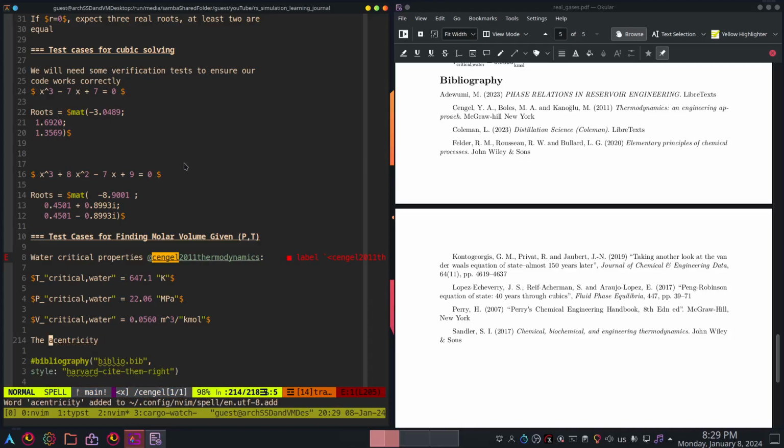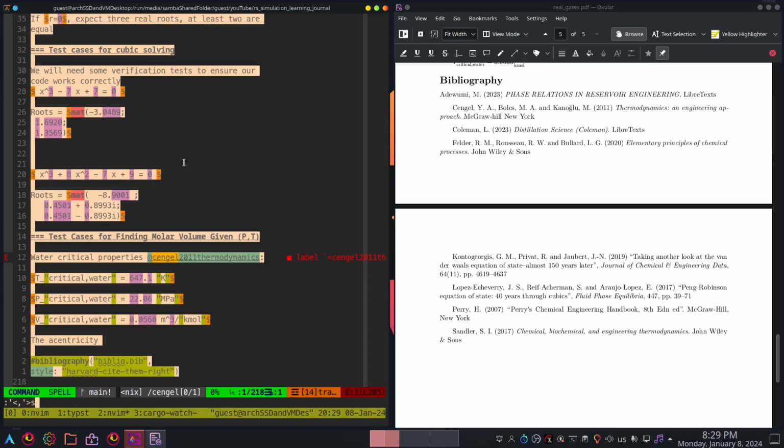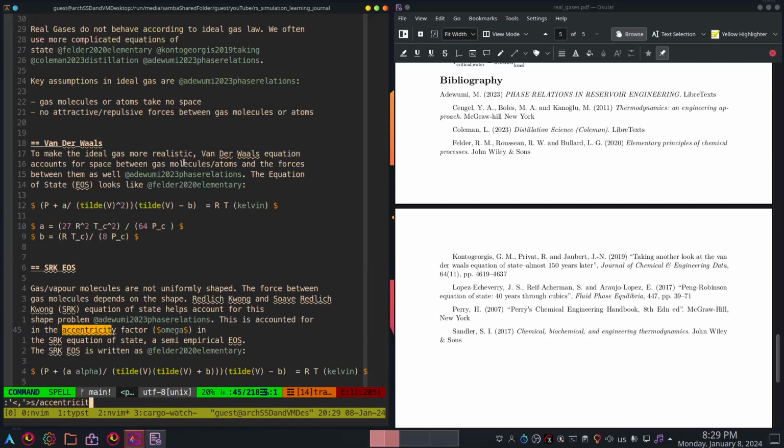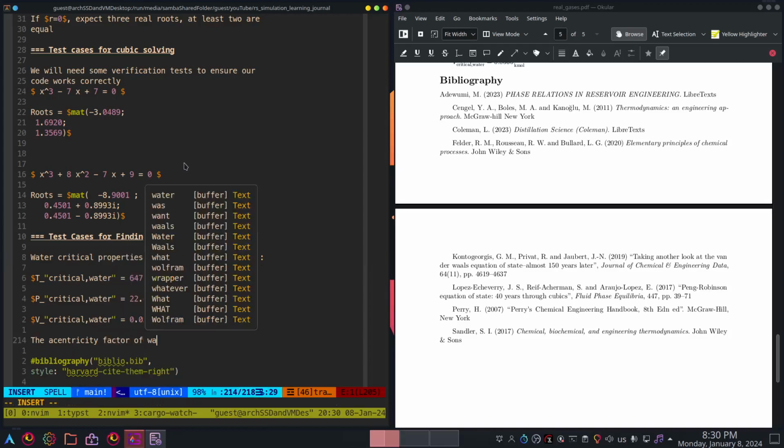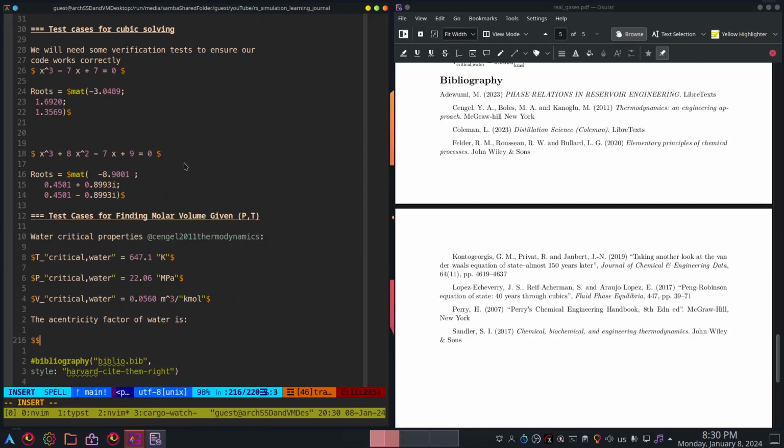Eccentricity. I'm just replacing all the spellings because I spelled it wrongly the last time. The eccentricity factor of water is, okay, this is it. Omega, I don't need that anymore. Omega water equals, and it's dimensionless, 0.344.